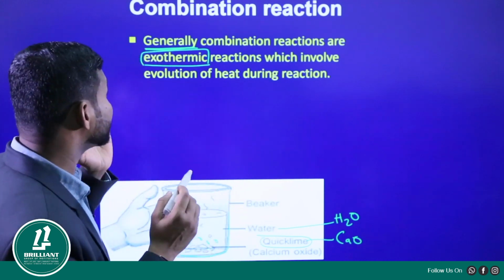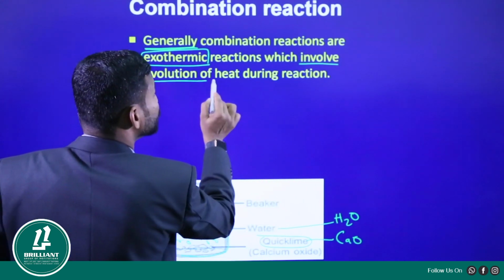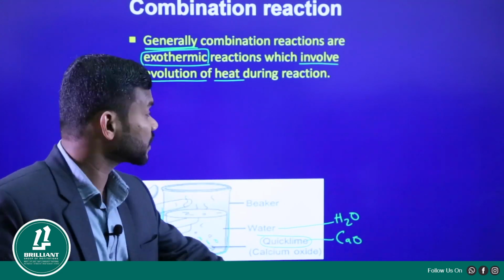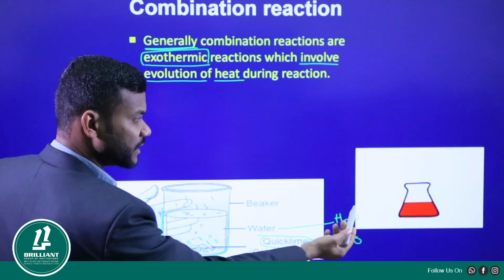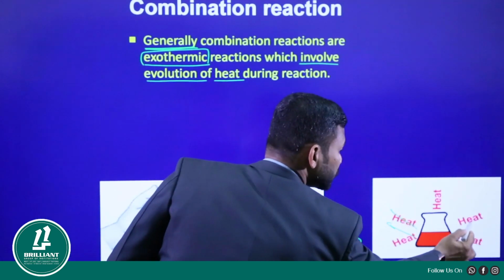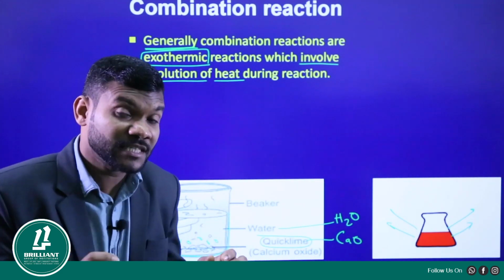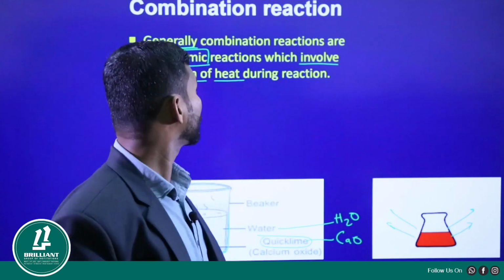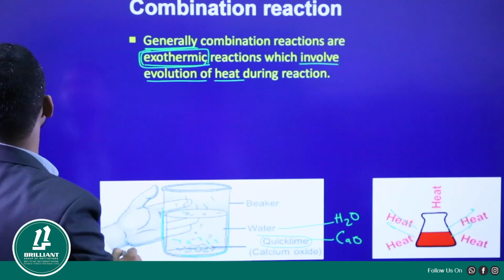That type of reaction involves the evolution of heat, the heat liberating outside. When this reaction happens, heat comes out. Such a reaction in which heat is liberated, we call an exothermic reaction.